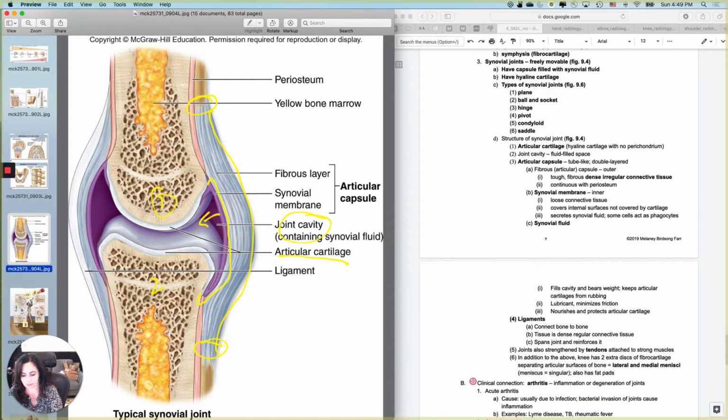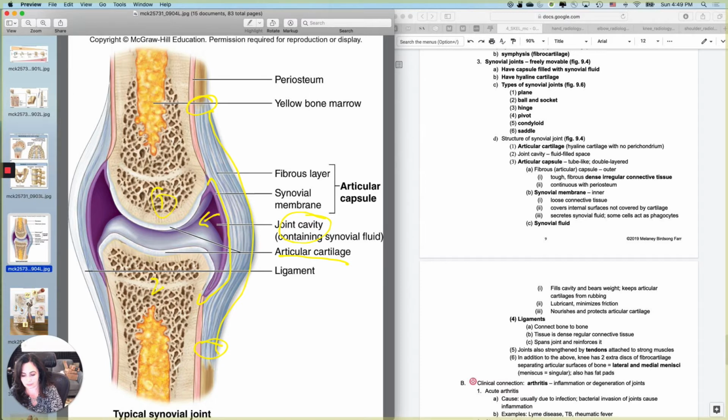Kind of imagine taking one of those really long soccer socks and pulling it all the way over your knees so that it's really tight on either side. That's kind of how this fibrous part, the outer part of the articular capsule works. And then the fluid that's in here is synovial fluid. Its function is a couple of things. It fills the cavity, of course.